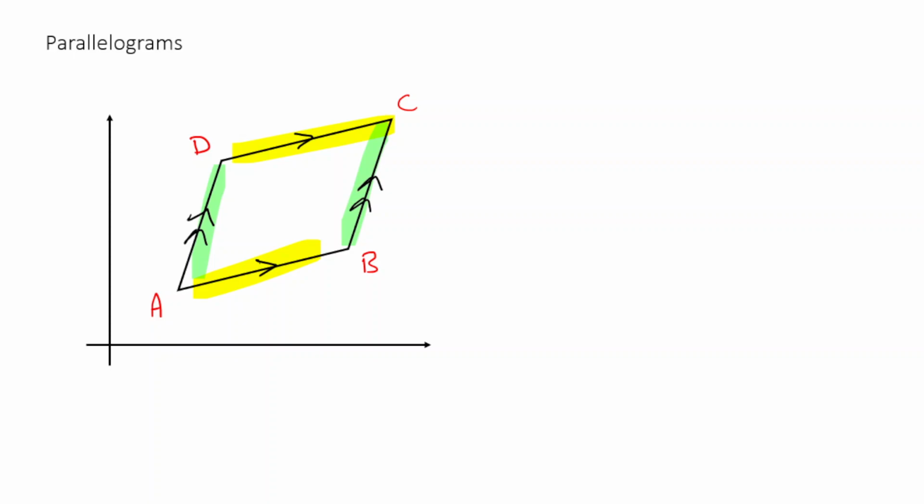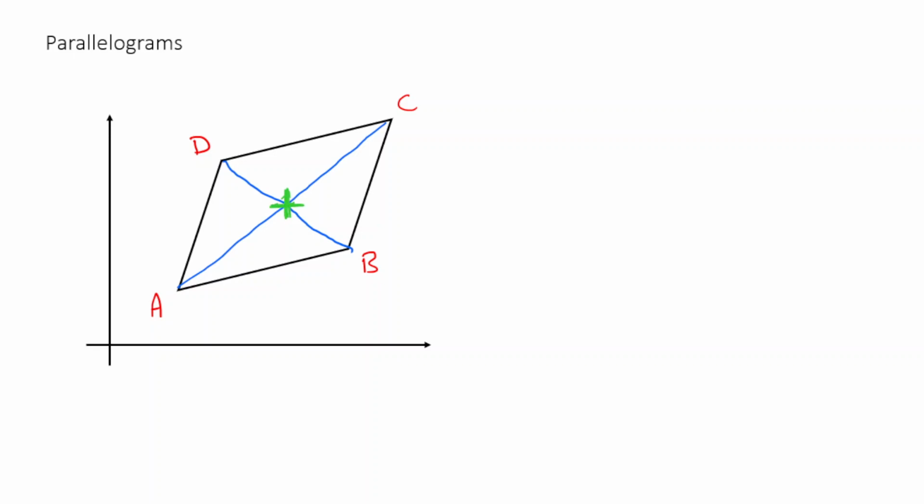Well then, what's the thing that we've got to learn about parallelograms in particular? How does this interact with our discussion of midpoints? Well, in a very particular way. If I was to draw the line AC, so I go from one corner to another corner, and I was also to draw the line BD, which goes from one corner to the other corner, you will see that they intersect at this point there.